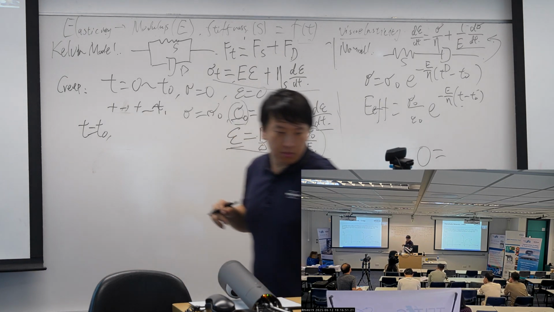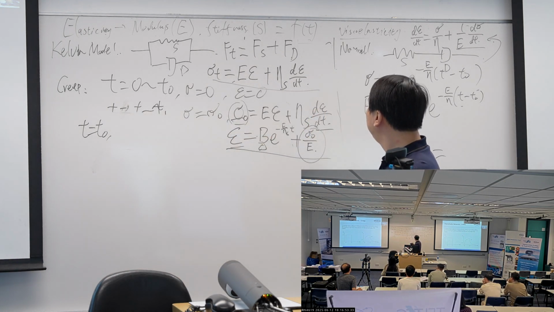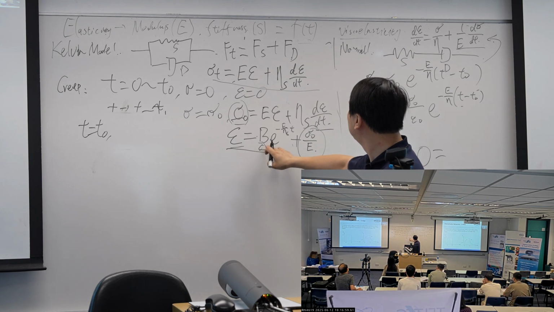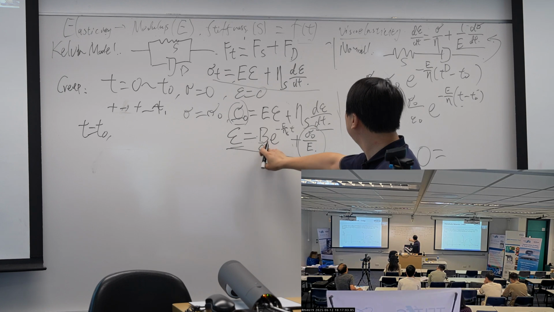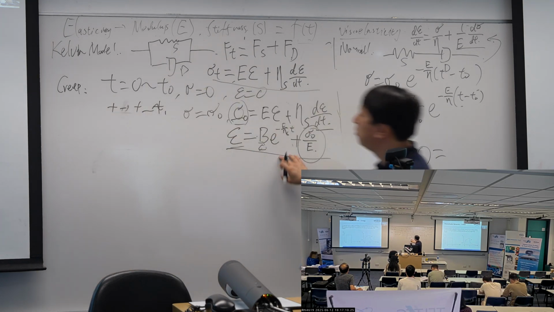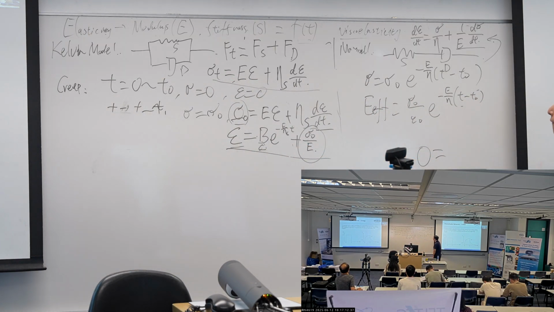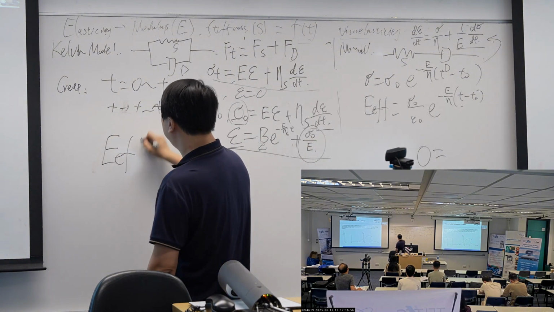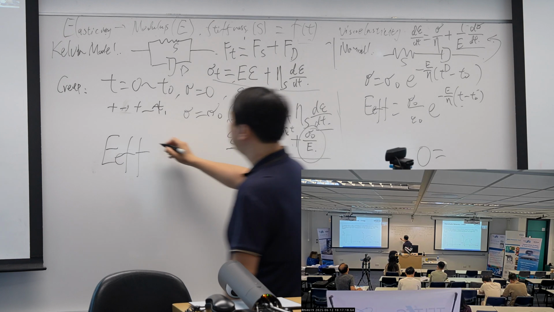No, it cannot be decided, because this one will always be zero. It's just the end of the game. That's it. And then we can similarly write down the effective modulus.